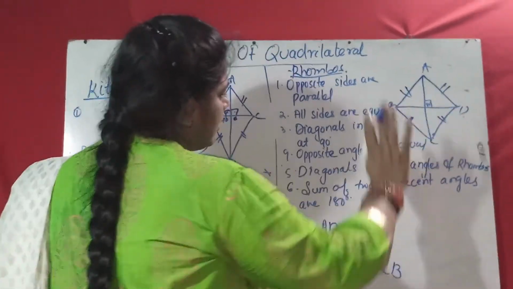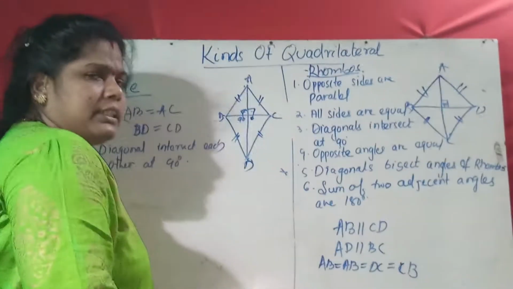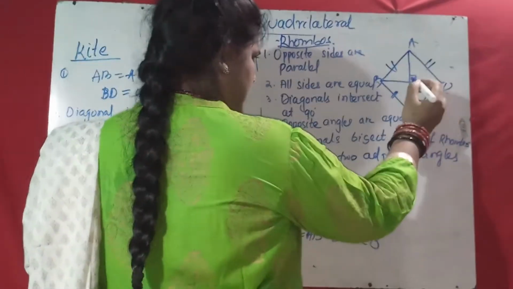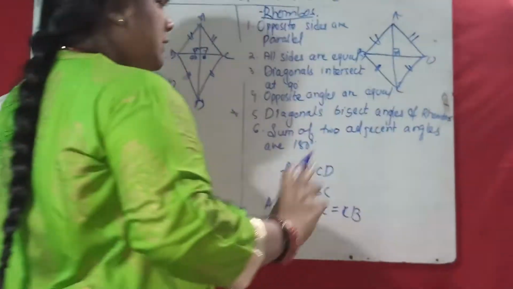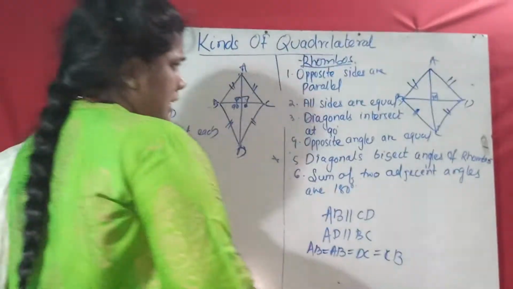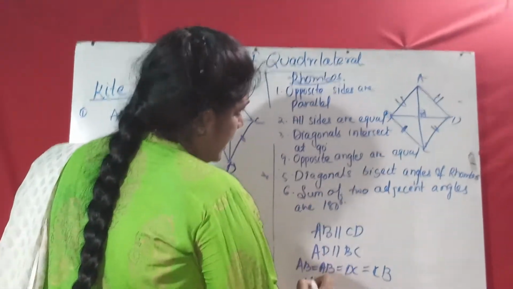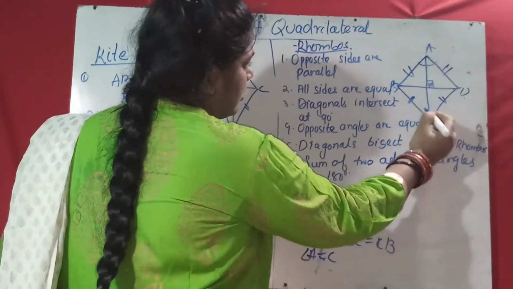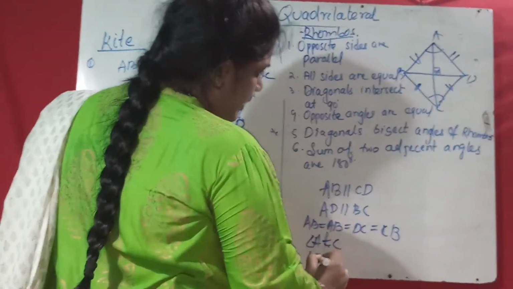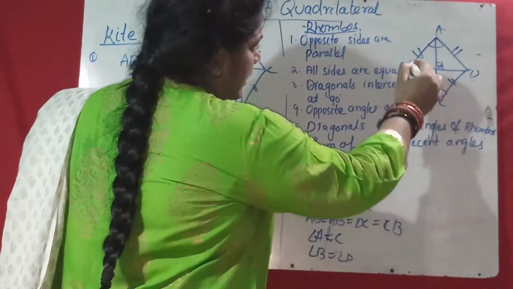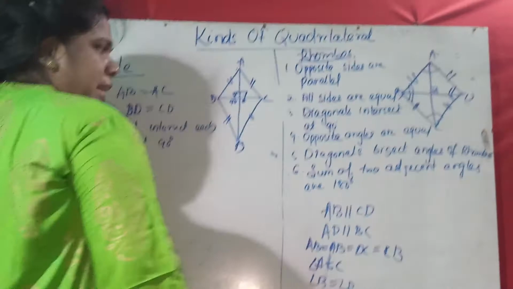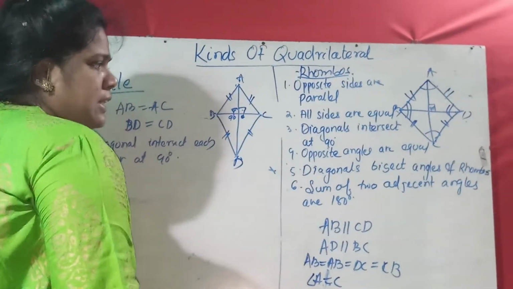Diagonals intersect at 90 degrees. Opposite angles are also equal: angle A equals angle C, angle B equals angle D. Diagonals bisect the angles of the rhombus.